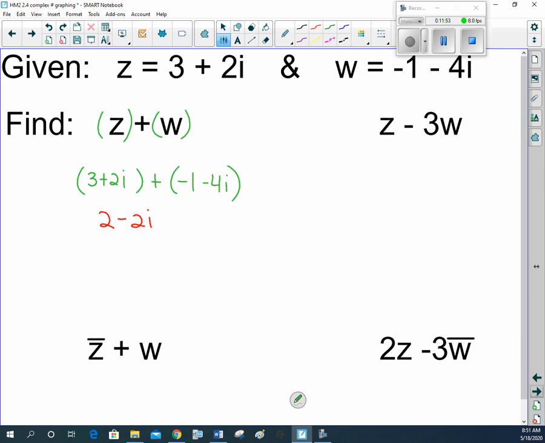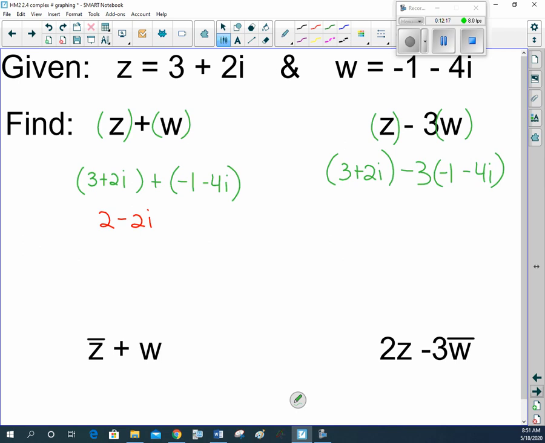Okay, so same thing over here. I'm going to go z minus 3w. So z is 3 plus 2i. Subtract 3. Now notice, here's my grouping symbol around the w. I'm going to put subtract 1 minus 4i. As long as you put your complex numbers in grouping symbols, then your operations, your signs are going to be correct.